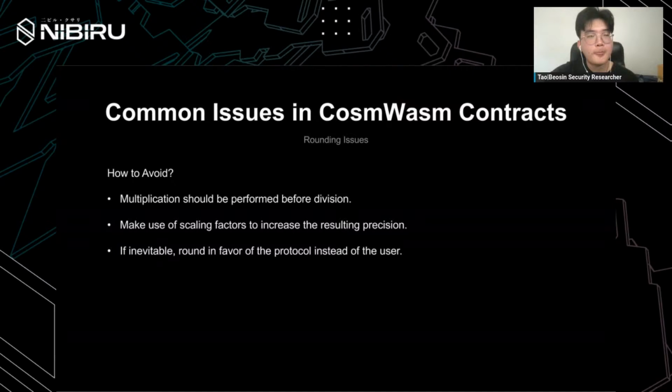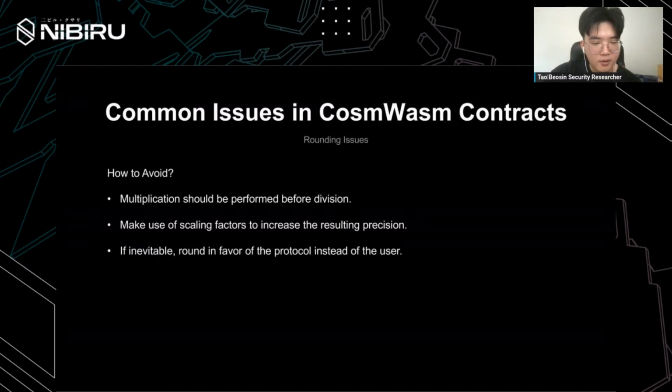You can multiply by 100 or even 10,000 before you do the division, and then you can get a more precise result. So that's the second method.